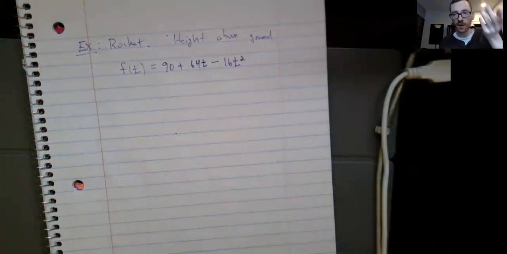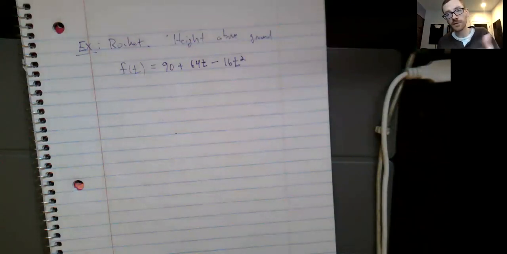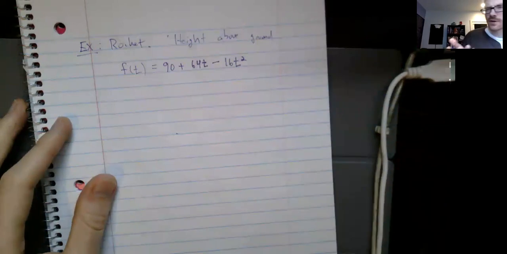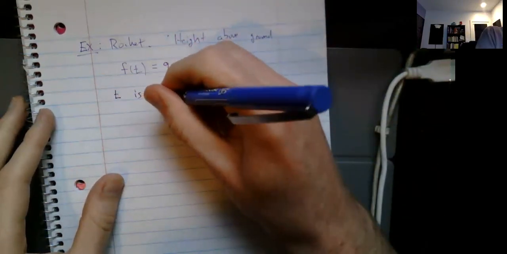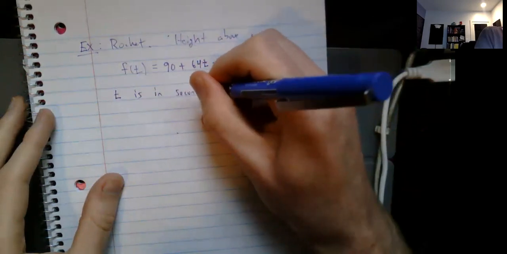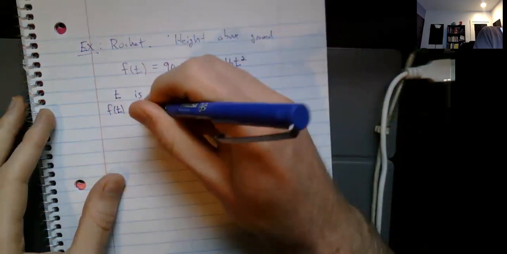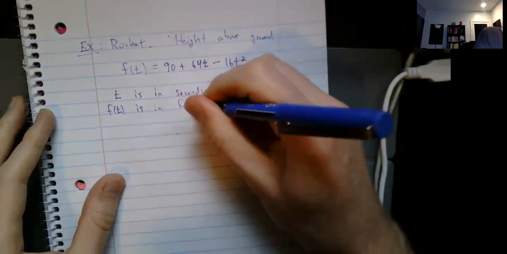If you want to know how high off the ground this thing is after 3 seconds, then you plug in 3 for t. If you want to know how high it is after 5 seconds, then you plug in 5 for t. Just to be clear, I do want to give some units. t is going to be measured in seconds, and the output of the function, the height above the ground, is going to be measured in feet.